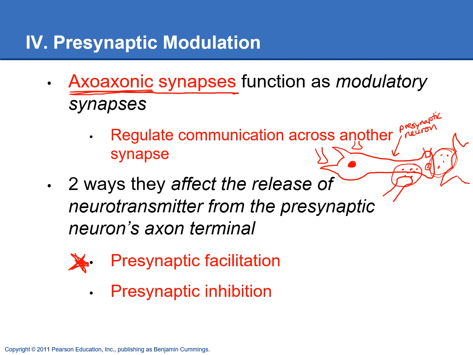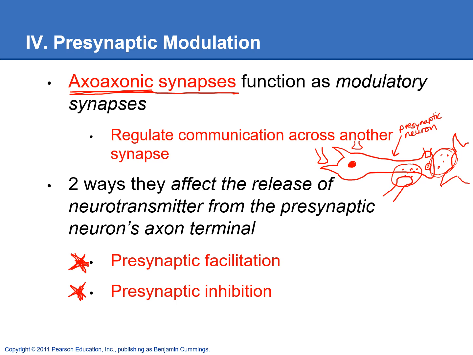The other way we could get presynaptic modulation is presynaptic inhibition, where this axo-axonic synapse releases neurotransmitter and we end up decreasing the amount of calcium coming into the axon terminal, and that will decrease the amount of neurotransmitter that's released by this presynaptic neuron.